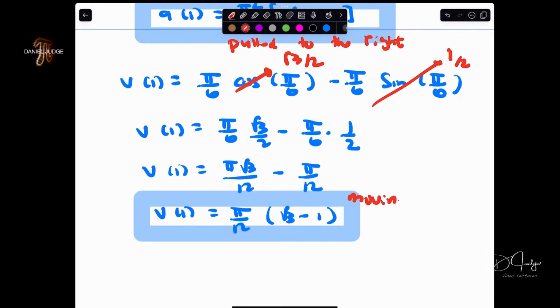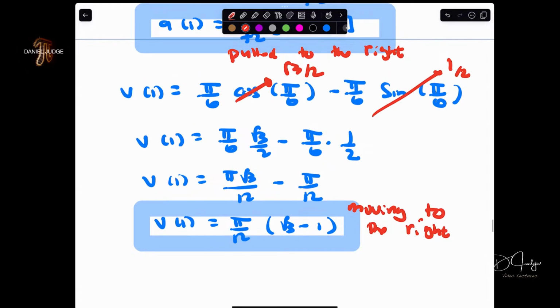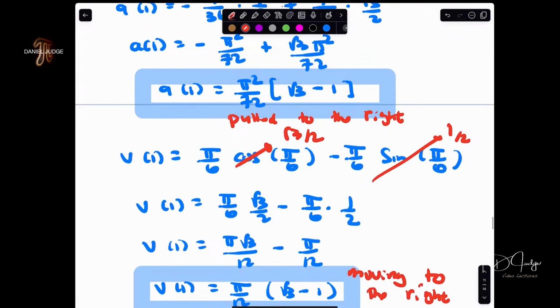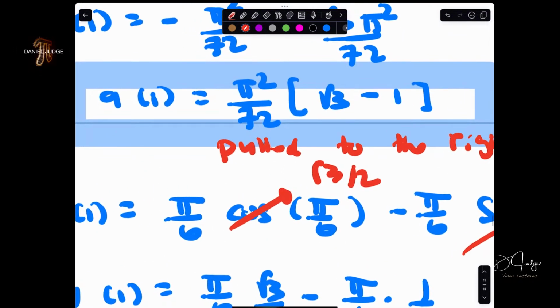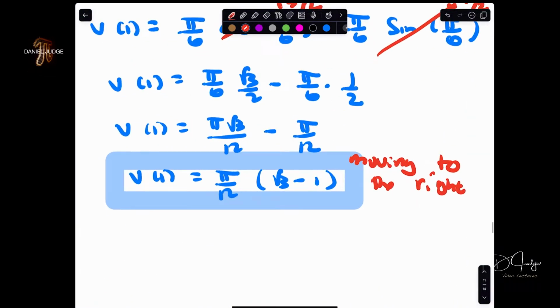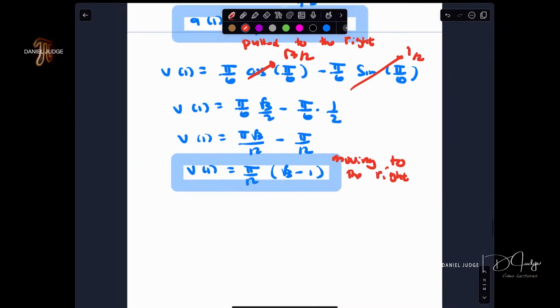And so the speeding up question is going to be this. Particle is speeding up. You say why? Because your acceleration is positive. It's being pulled to the right. Velocity is positive. It's moving to the right.